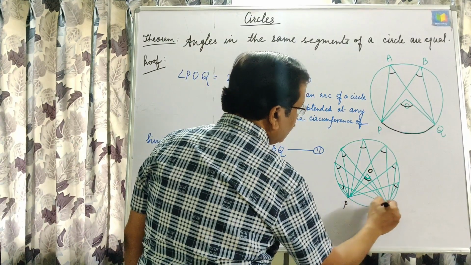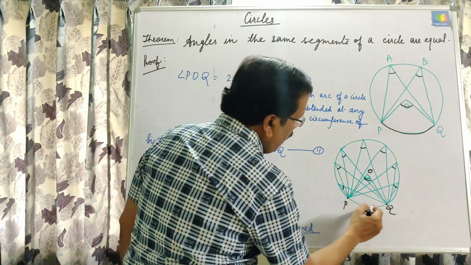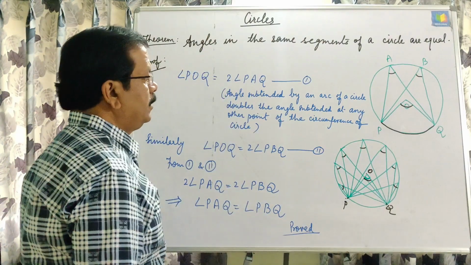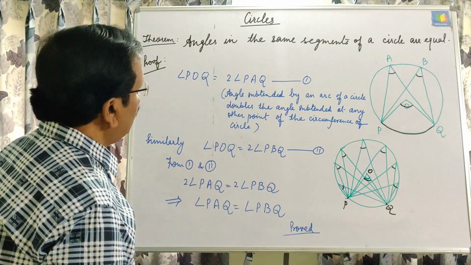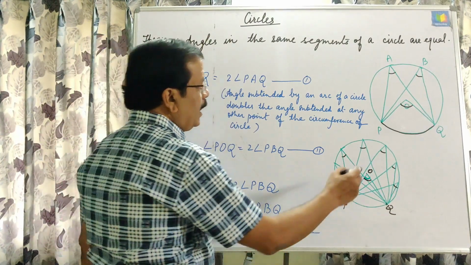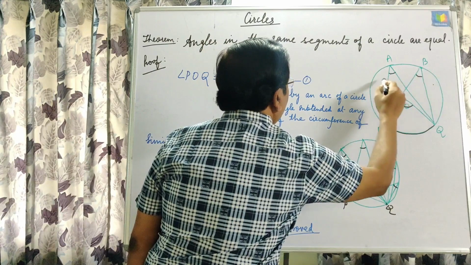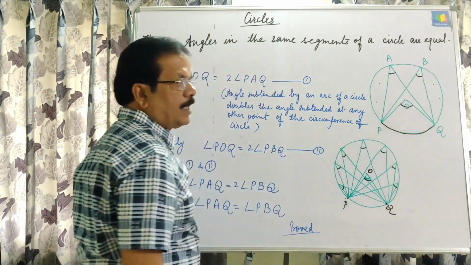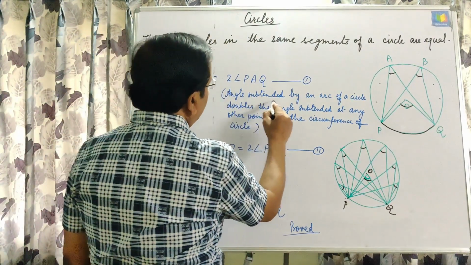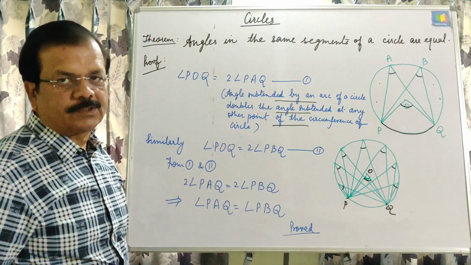And beyond this, we cannot take these angles, because here, this is the arc we are using for making the angle at the center. Now, using this concept, again, in the last theorem we already studied that the angle subtended by any arc of the circle at the center doubles at any other point of the circumference of the circle. Using the statement of that, and though I have written the statement here in my words, you are free to write the statement of the theorem in your words, okay?